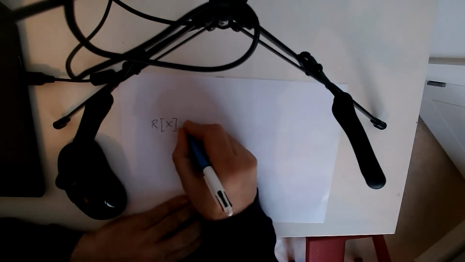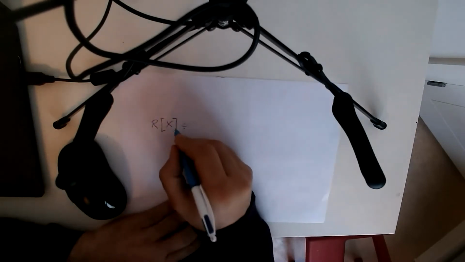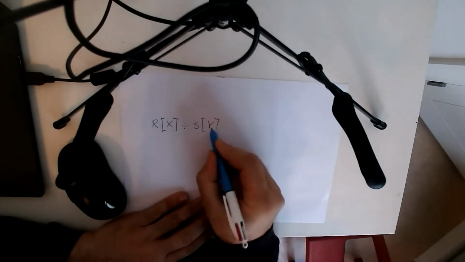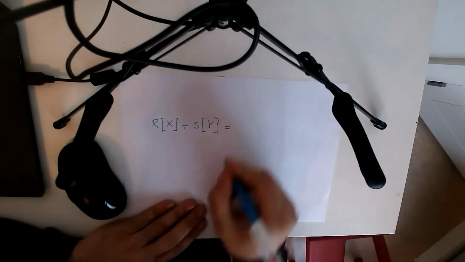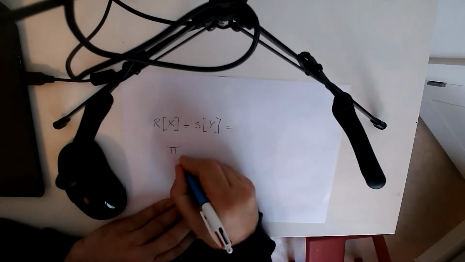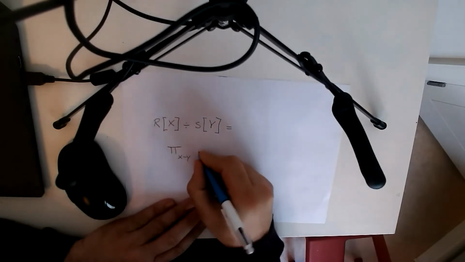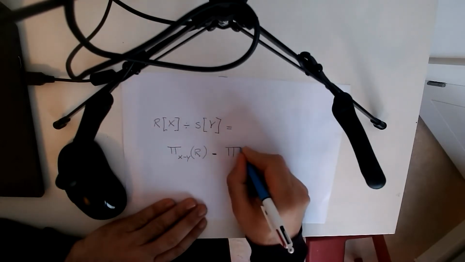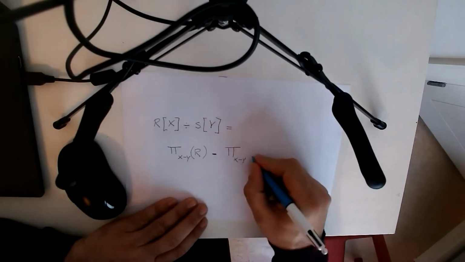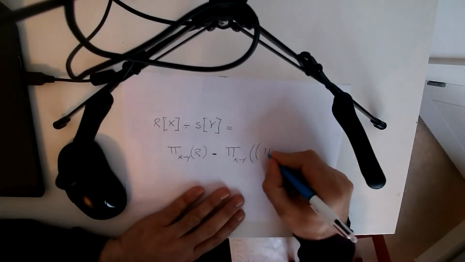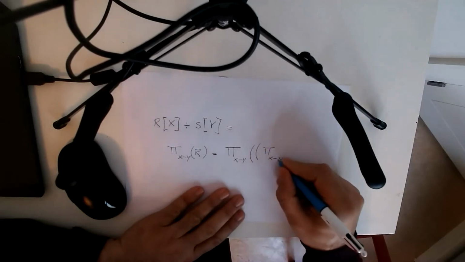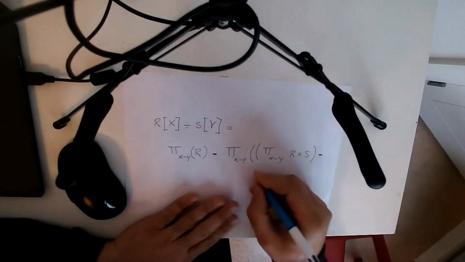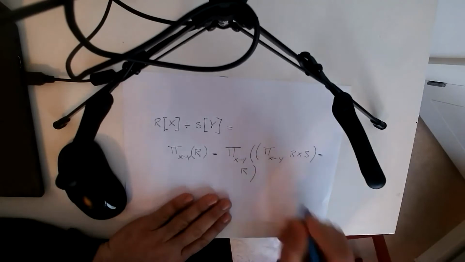So R over a set of attributes X divided by S over a set of attributes Y, what that winds up equaling, and just bear with me here, is project X minus Y over R, minus project X minus Y over project X minus Y here, R Cartesian S, minus R.